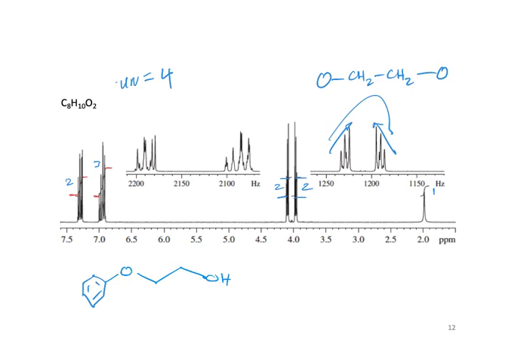Sometimes I think if there are very dilute samples in aprotic solvents where there's very little exchange going on, they can sometimes show splitting. Okay, but typically we don't see that.